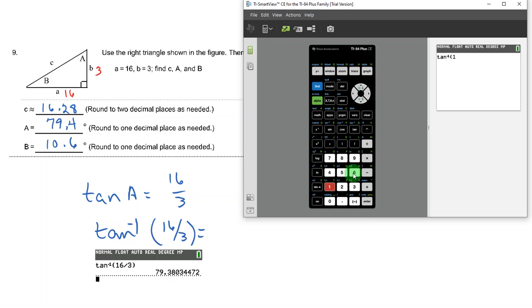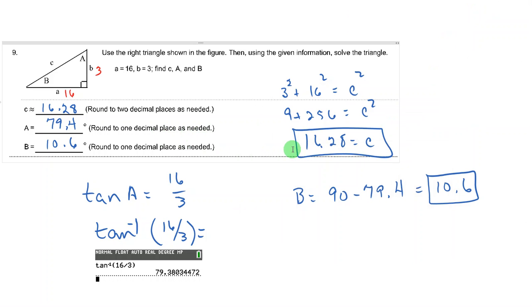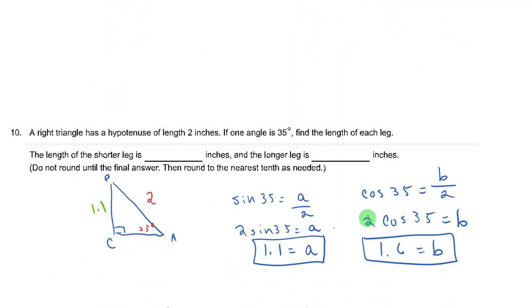We'll do 16 divided by 3 and enter, and we would get 79.38. We're rounding to one place, and we get that. So if you're given what the tangent is, then you're going to do second tan and put that in. And then you can find angle B by subtracting. And we'd be good there.